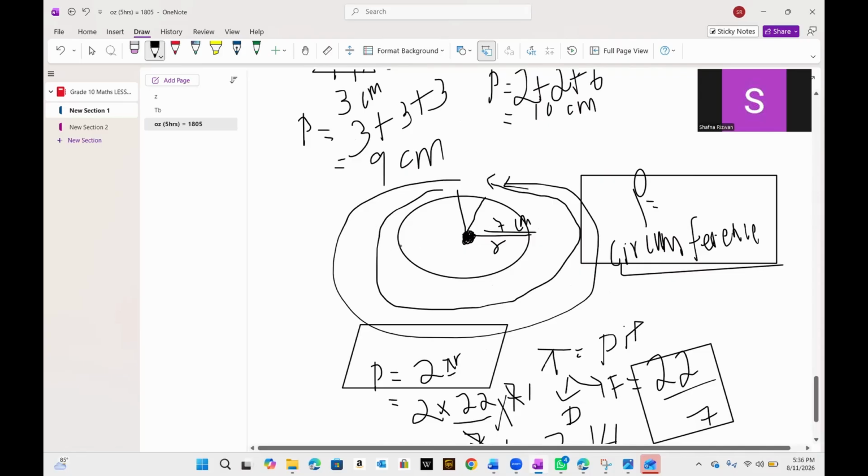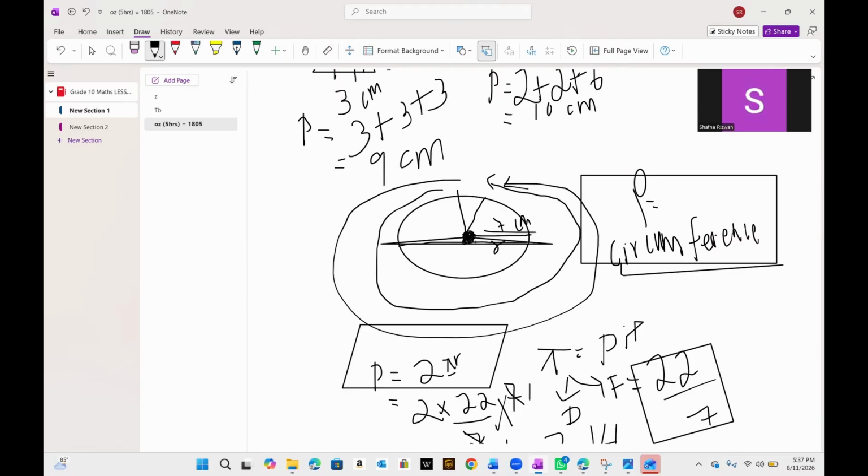In a circle, if you take a straight line going from one end to the other end of the circle, passing through the center, you call it a diameter. Okay, you call it a diameter.